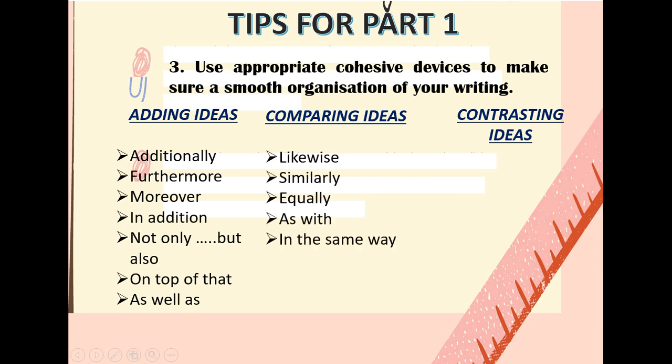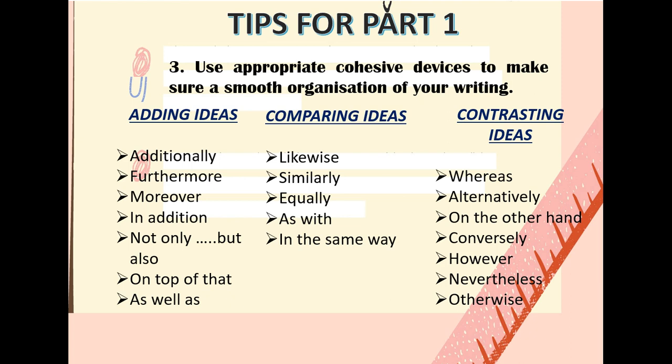For comparing ideas: like, likewise, similarly, equally, as with, in the same way. To contrast your ideas, you may use whereas, alternatively, on the other hand, conversely, however, nevertheless, and otherwise.